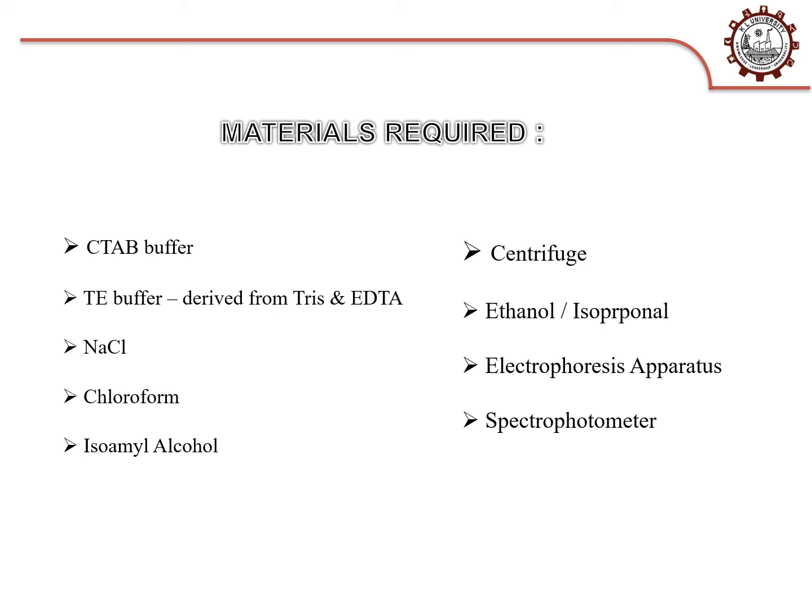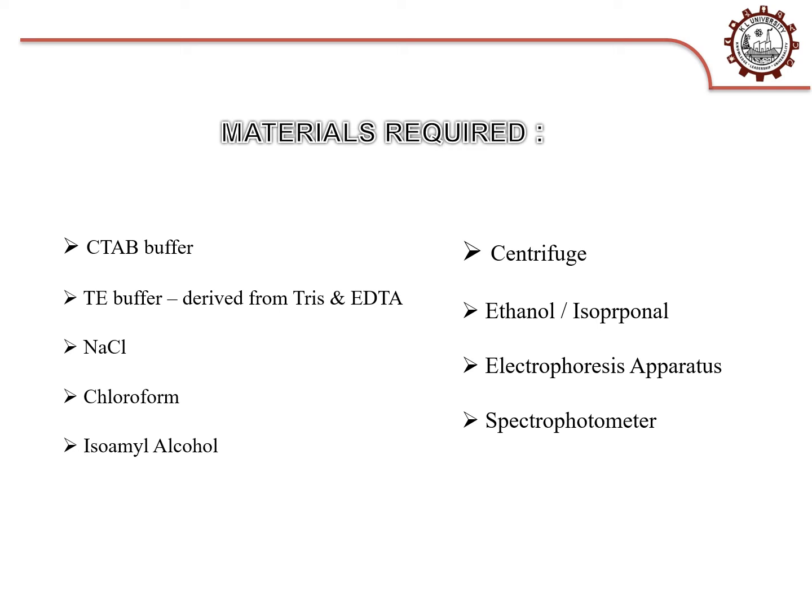Chloroform. Chloroform solubilizes proteins. And isoamyl alcohol. Isoamyl alcohol reduces foaming between interfaces and also prevents emulsification of the solution. Centrifuge. By spinning in the centrifuge, we separate cell material from DNA, which gives us a cleaner DNA sample. Ethanol or isopropanol.